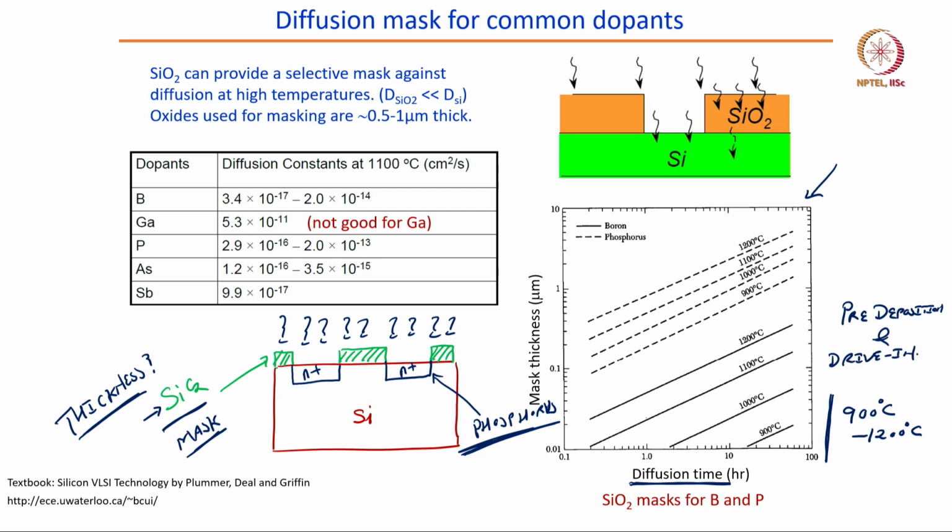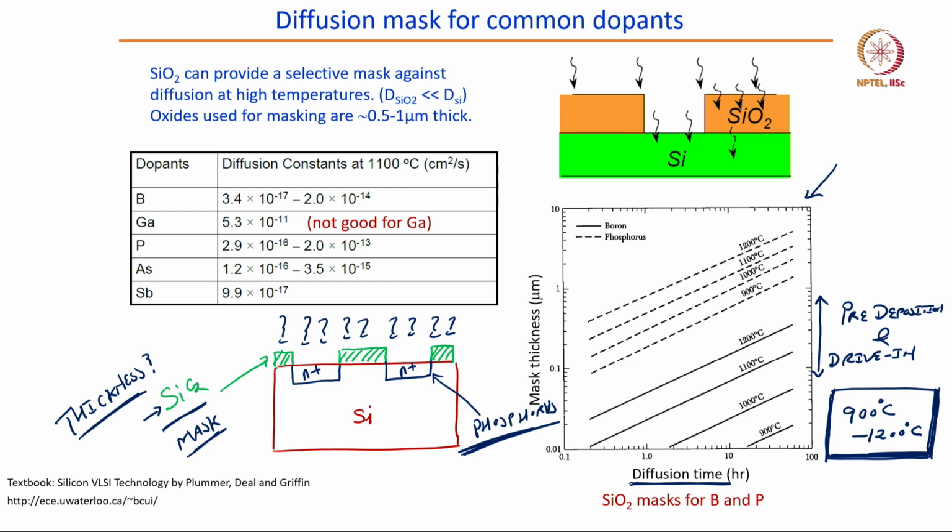Pre-deposition and drive in. So, we can look into what should be the thickness of the silicon dioxide when there is a phosphorus or boron that we need to dope, and at what temperature we are doping and how much time we are doping.